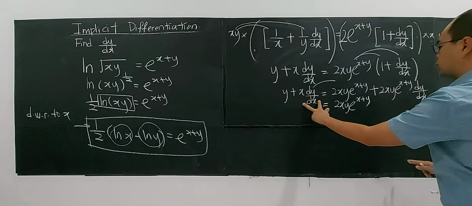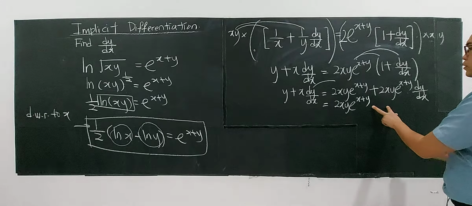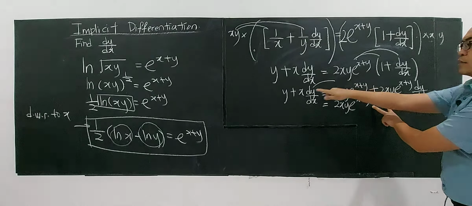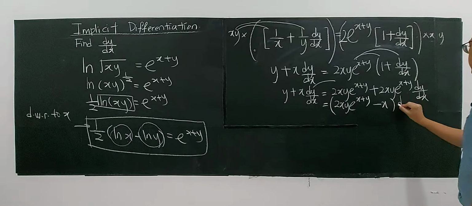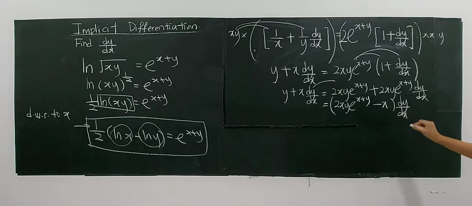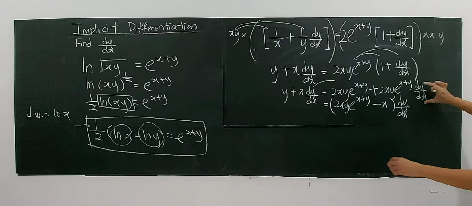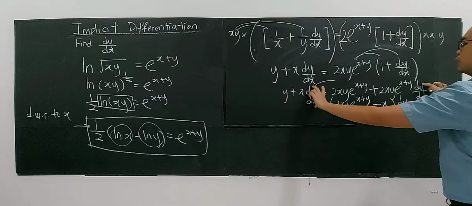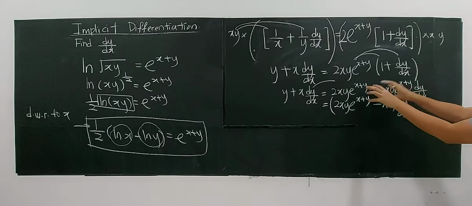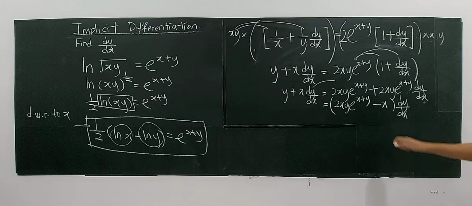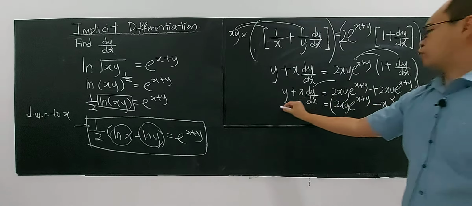You factorize the dy/dx together, because this one has dy/dx and this one also has dy/dx. Then you can factor out the dy/dx, and the terms without dy/dx I'm going to move to the other side.